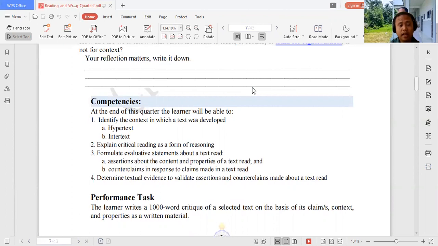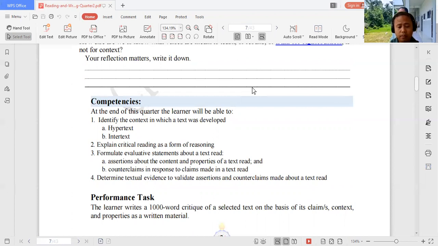And number three, assertions about content and properties of a text read. And counterclaims in response to claims made in the text read. Number four, determine textual evidence to validate assertions and counterclaims made about a text read.